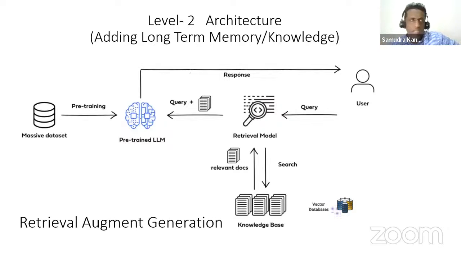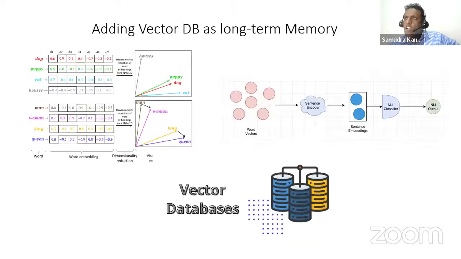You have to do certain things like removing personal data. But then you send your data to the LLM and you get a creative output from the LLM. So that is level 2, building a long-term memory.